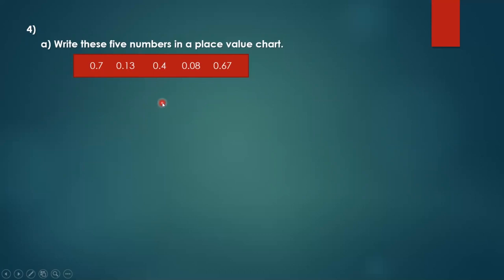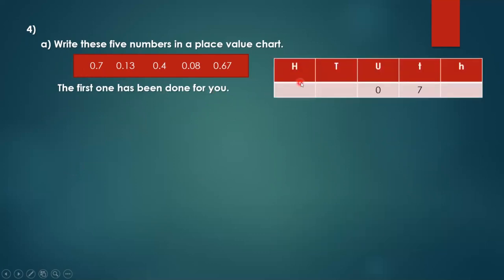Now, we need to write these 5 numbers in a place value chart. Let's see. The first one has been done for you, that is 0.7. Let's see how it is arranged. This is a place value chart: hundreds, tens, unit, then this is a decimal point. Then the next places I already discussed in the first question.